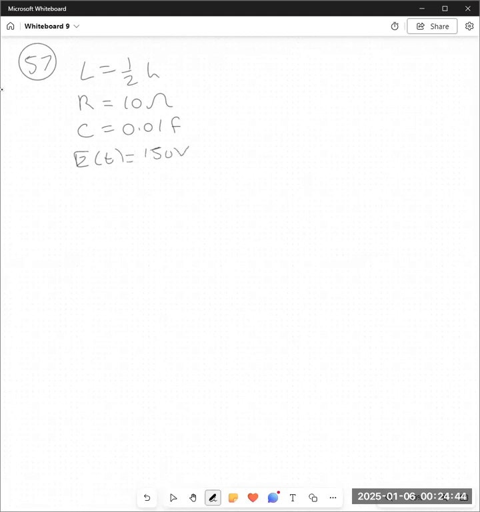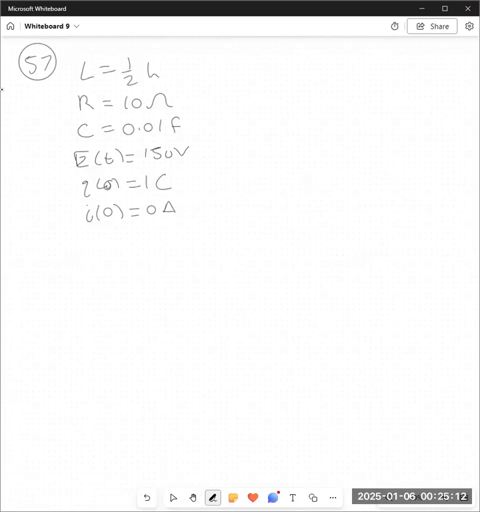So 57 tells me to find the charge on the capacitor in the LRC series circuit when L is equal to half of a Henry, R is equal to 10 ohms, my capacitance is equal to 1/100th of a farad, my E of t is 150 volts, initial charge is equal to 1 coulomb, initial current is equal to 0 amps, and then we want to find the equation for Q of t, and then we want to find what the charge on the capacitor is after a long time.